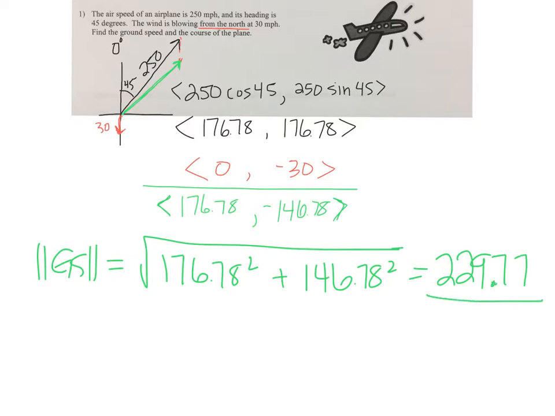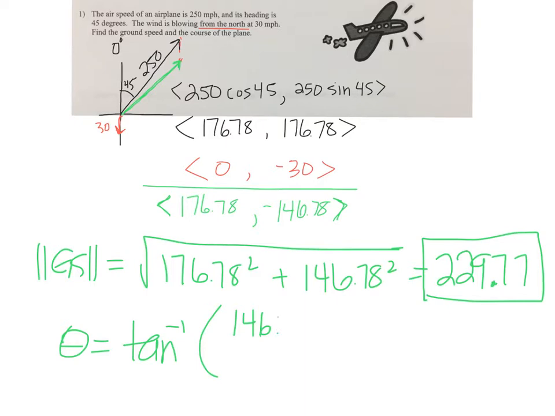So the resulting ground speed is 229.77 miles per hour, and the angle is always found by taking the inverse tangent of the y value. Sorry, that's a positive anyway. I know you were wondering if that's a positive. The y value over the x value.